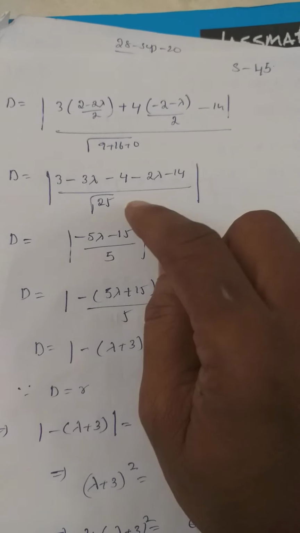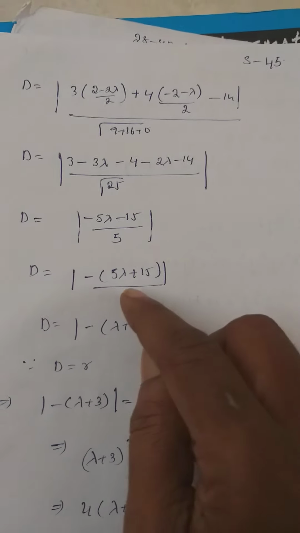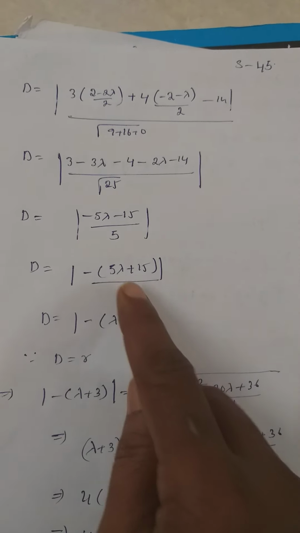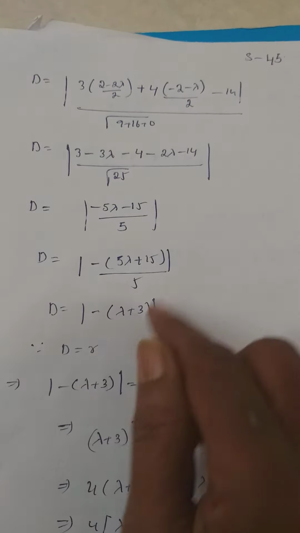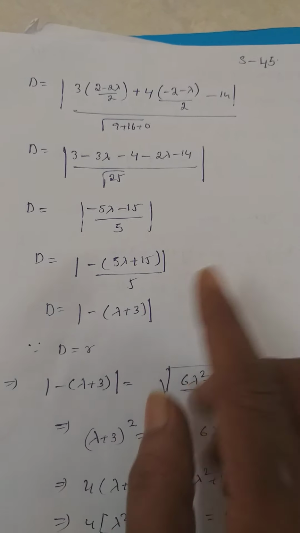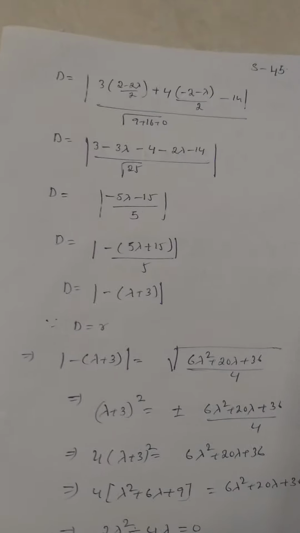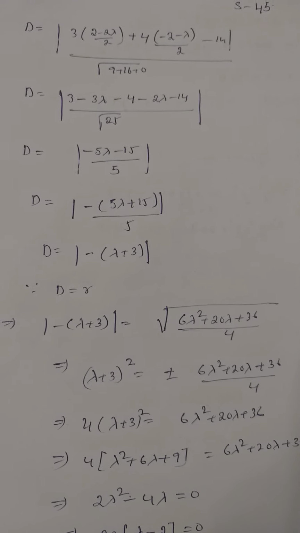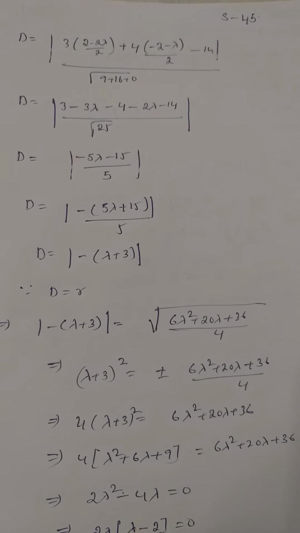Next one, on simplification, perpendicular distance is equal to, we are simplifying, right? D is equal to minus 5 lambda plus 15 by 5, minus common, lambda gets cancelled, D is equal to modulus of minus of lambda plus 3. But we know that perpendicular distance is equal to radius, because it is already given in the problem.